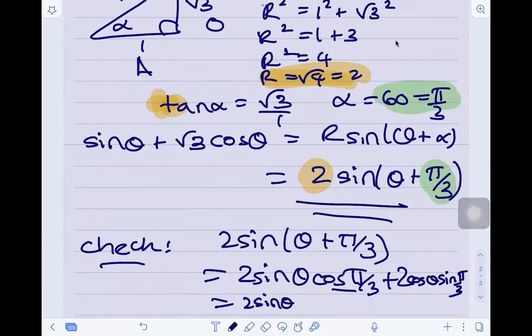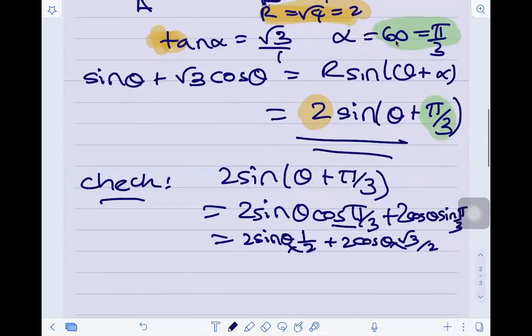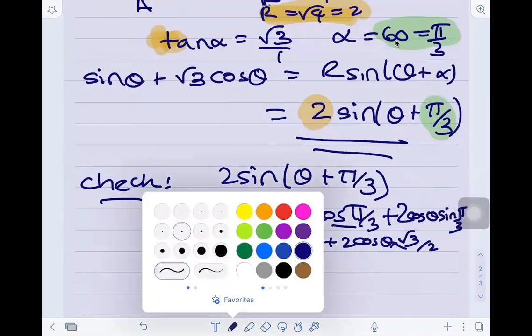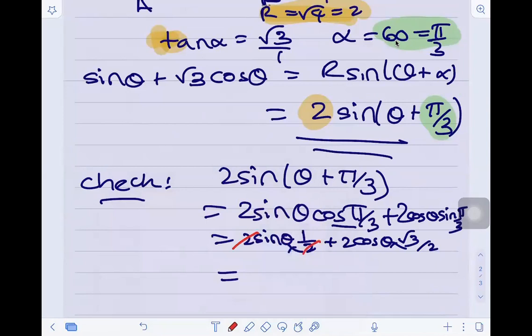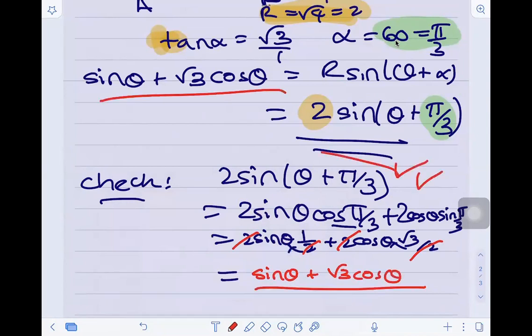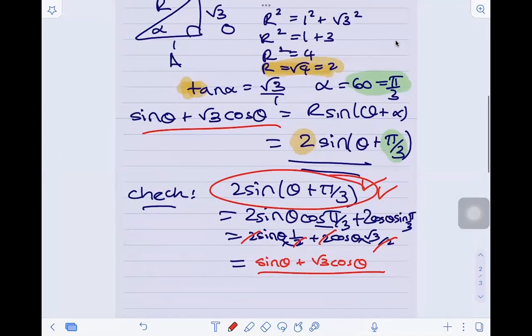Cos pi on 3 is cos 60, which is a half. Sine pi on 3 is sine 60, which is root 3 on 2. The 2's will cancel. So you end up with sine theta plus root 3 cos theta, which is exactly the same thing. So you know you've got the right thing when you put it into that form.